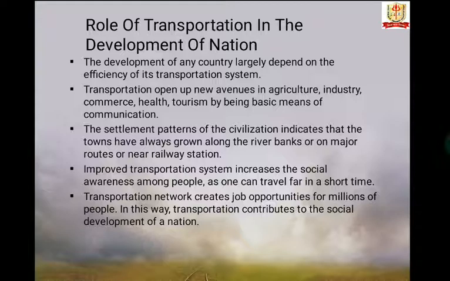Improved transportation system increases social awareness among the people as one can travel in a short time. Transportation network creates job opportunities for millions of people. In this way, transportation contributes to the social development of a nation.